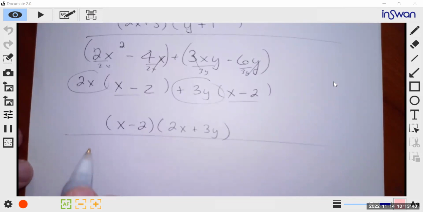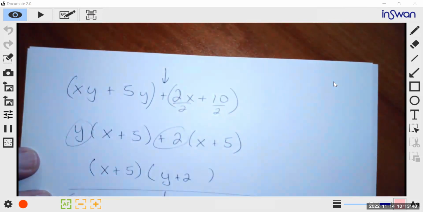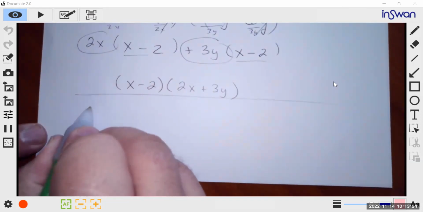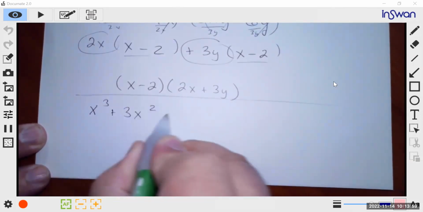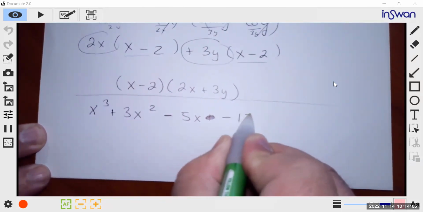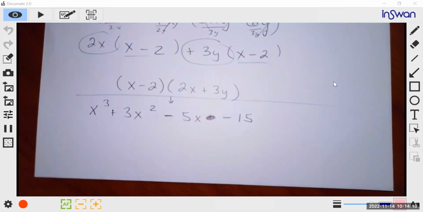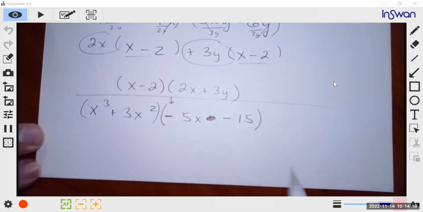Now, so far, in the last 3 examples I gave you, the middle was always a plus. If we have a minus in the middle now, yes, we put parentheses on the first two, but in the second one, we have to include the negative.